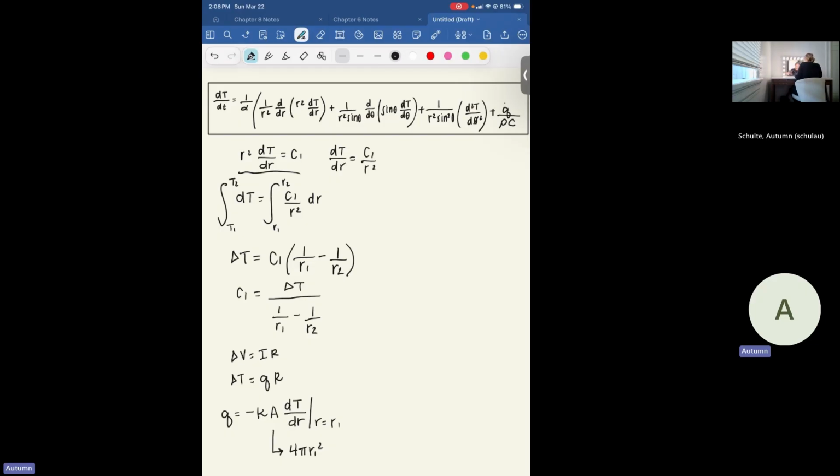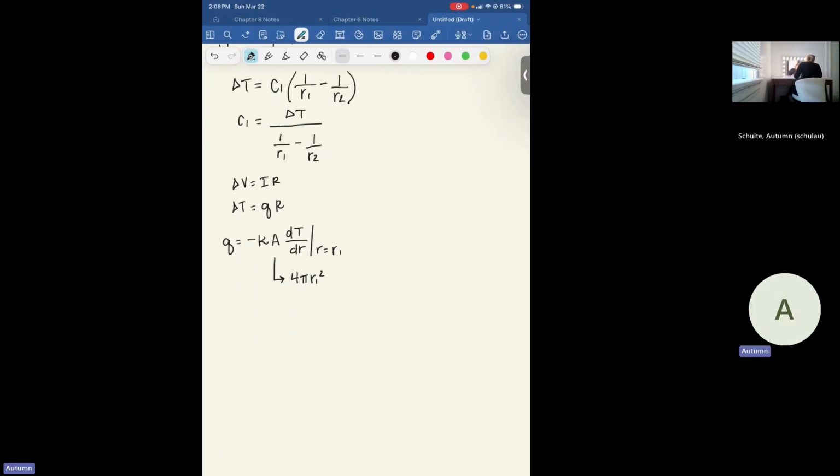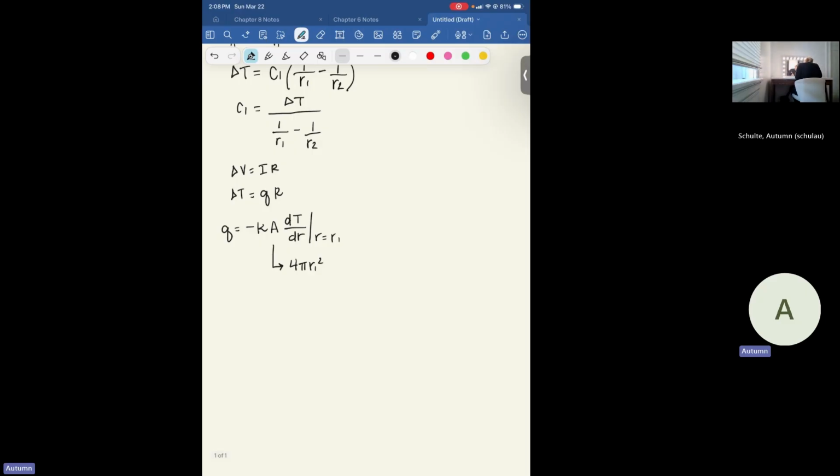And again, we were evaluating at R1, so this is going to be R1 squared. So we can substitute this in. We're going to have Q is equal to negative K times 4 pi R1 squared multiplied by C1 over R1 squared. Our R1 squared terms cancel, and we're left with Q is equal to negative our thermal conductivity multiplied by 4 pi multiplied by C1.